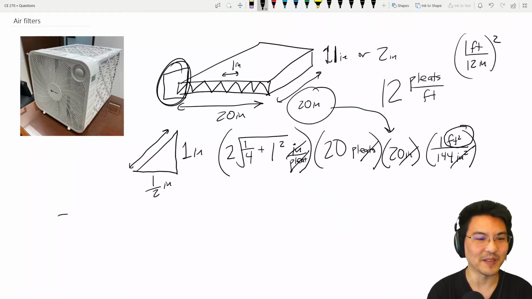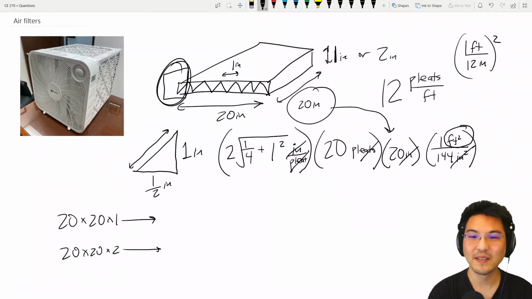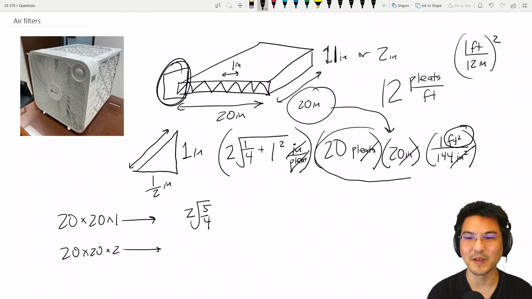We can simplify this a little bit, right? So 20 by 20 by 1 would be, okay, so that's root 5 over 4. Let's not forget the 2 over here. Okay, so we got 400 over 144.